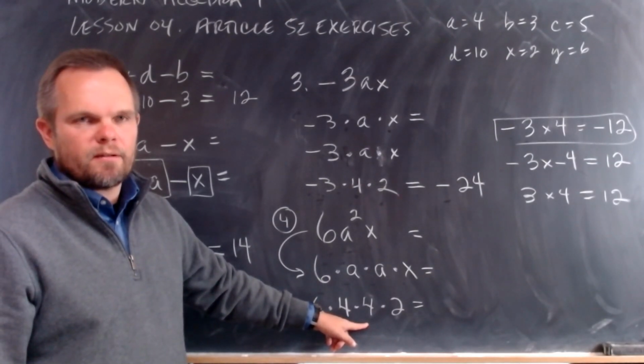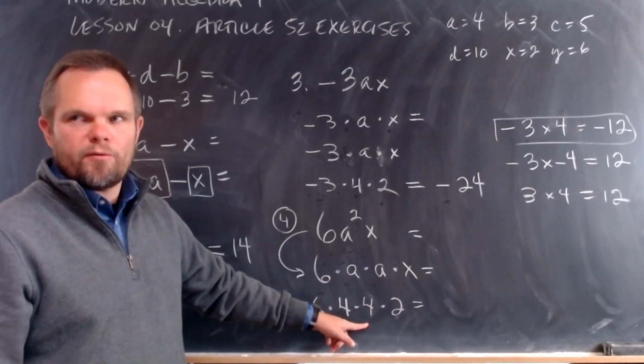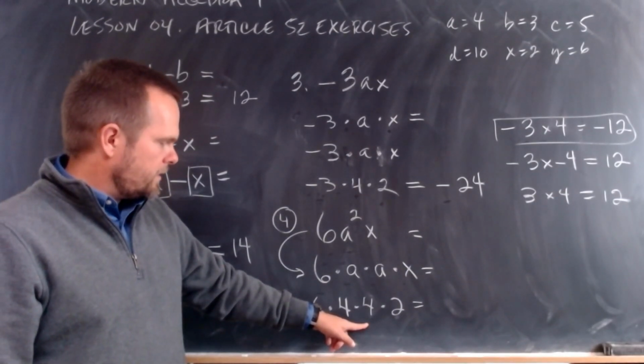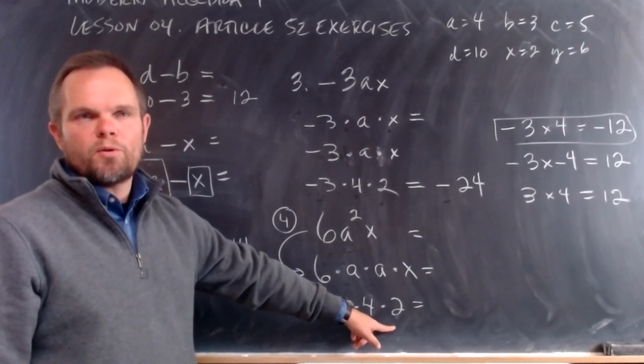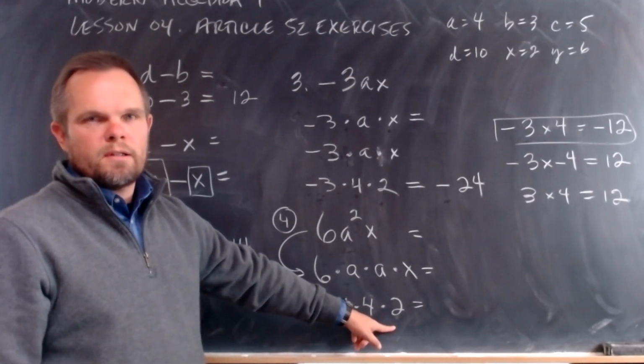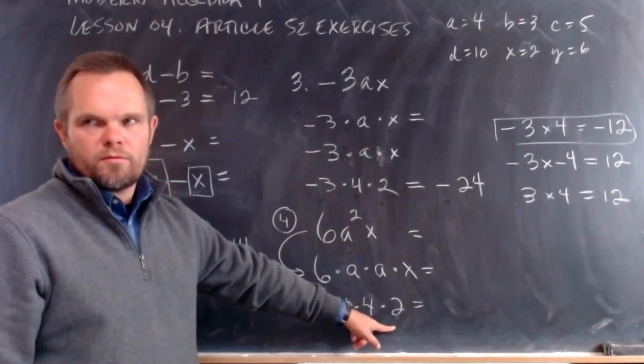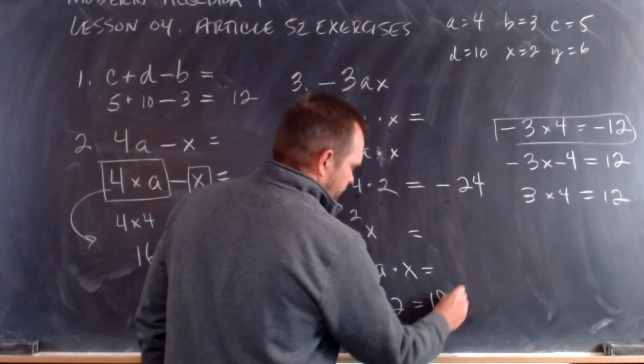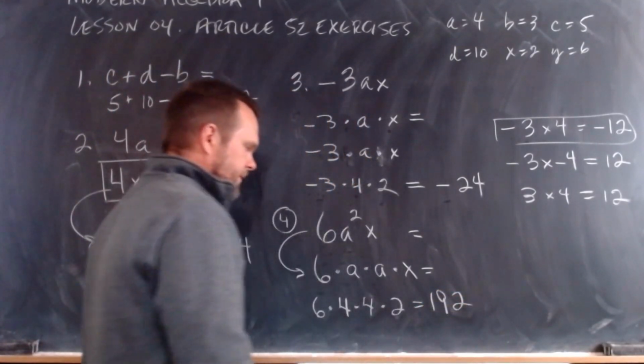No, that makes... Hold on. 96. 24 times 4 is 96. And 96 times 2, 192. Is that the right answer in the book? Yes.